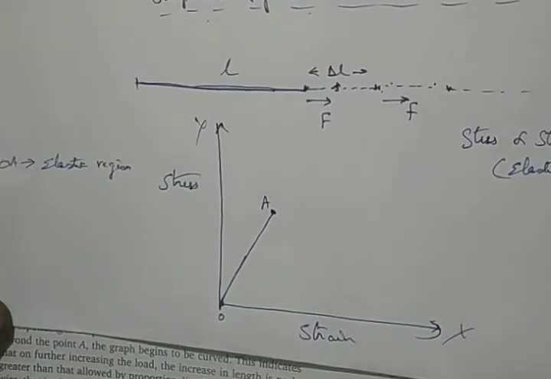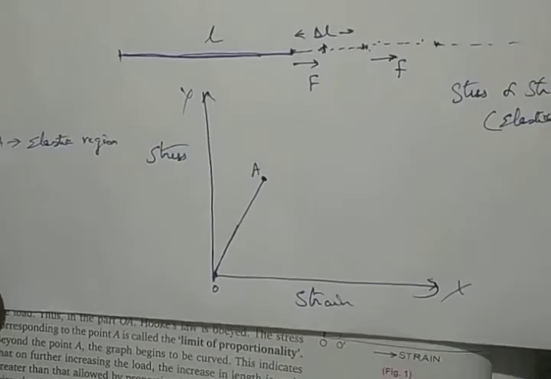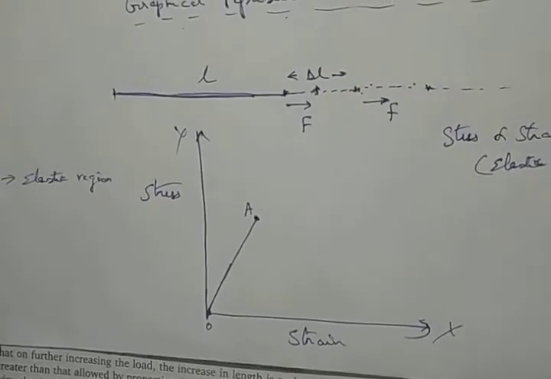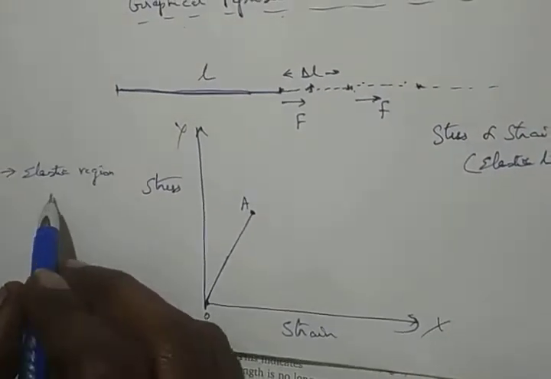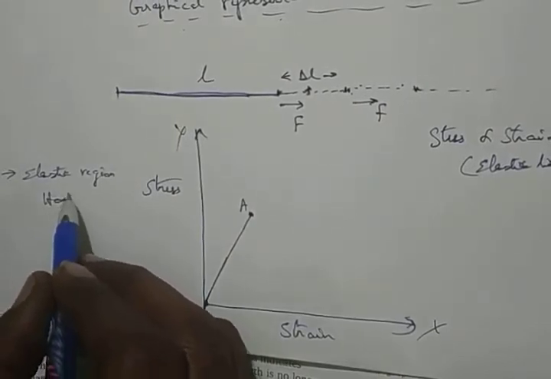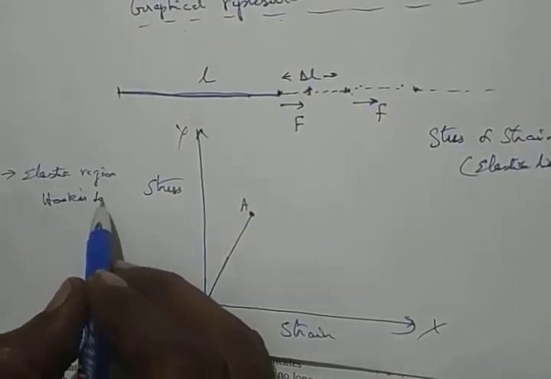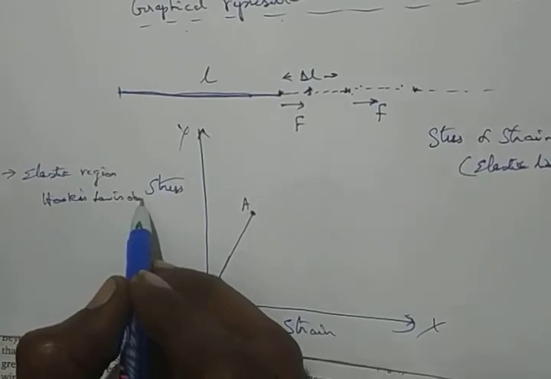It is the place where Hooke's law is obeyed. Elastic region, and Hooke's law is obeyed.